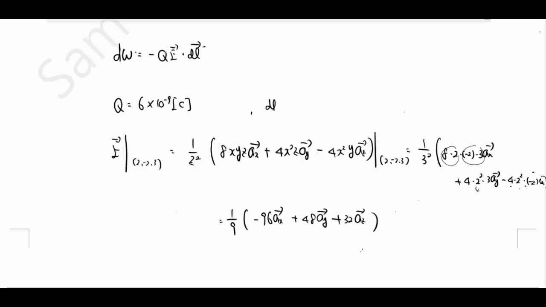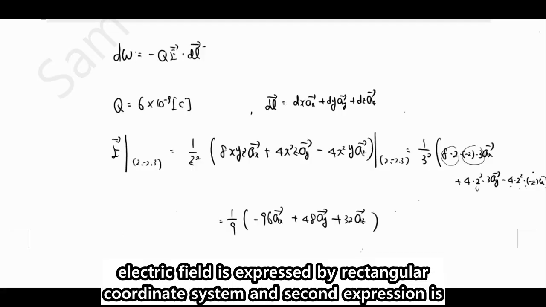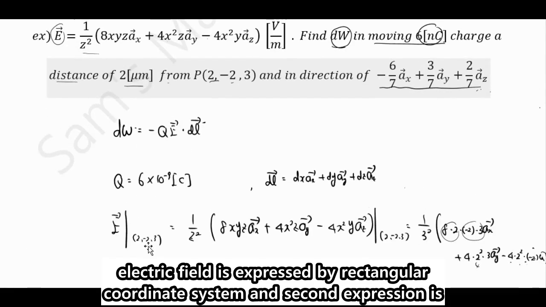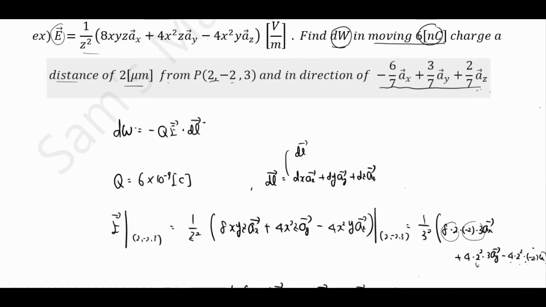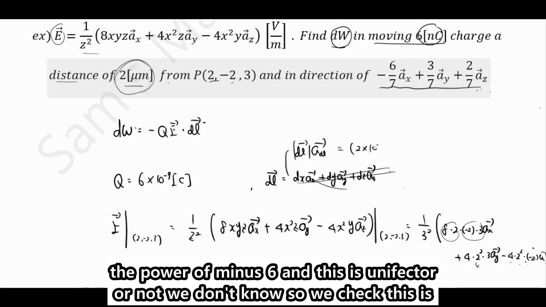And dL vector is dx a_x vector plus dy a_y vector plus dz a_z vector, because the electric field is expressed in the rectangular coordinate system. The second expression is the magnitude times the a_dL vector. We do not know whether this is a unit vector, so we check. Magnitude of dL is 2 multiplied by 10 to the power of minus 6.